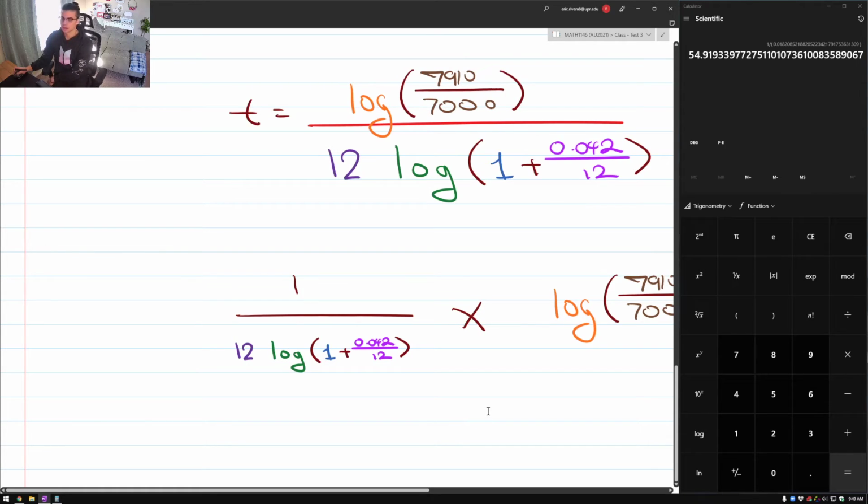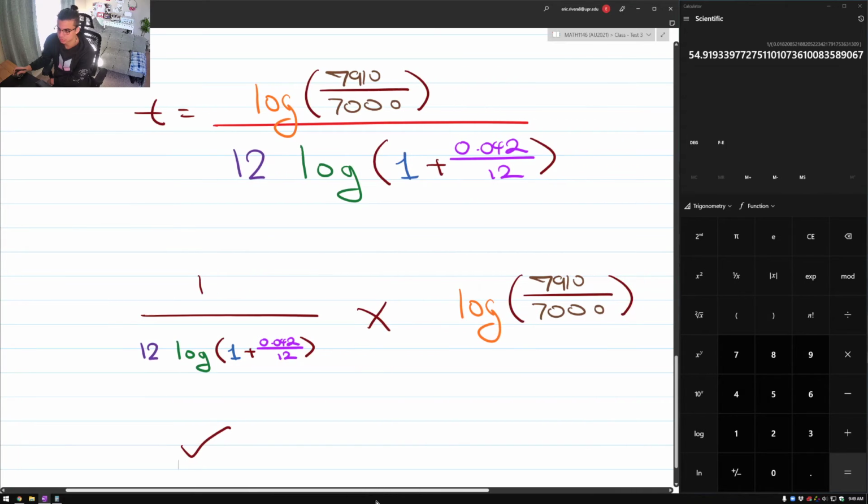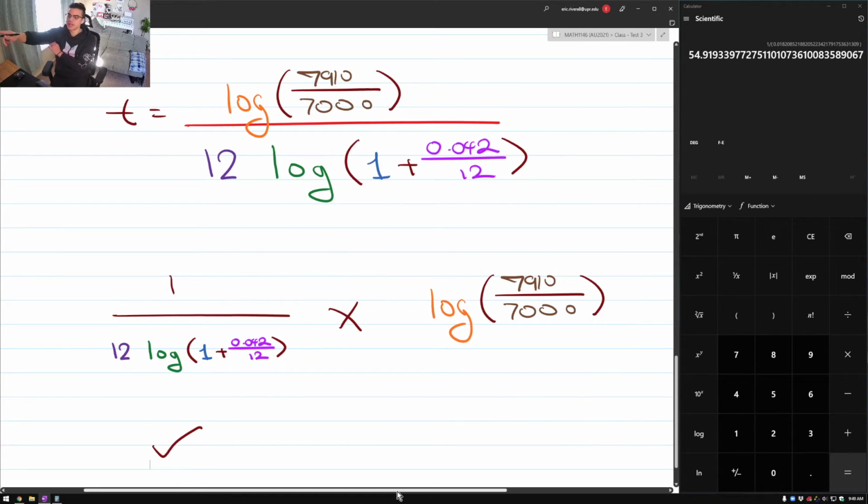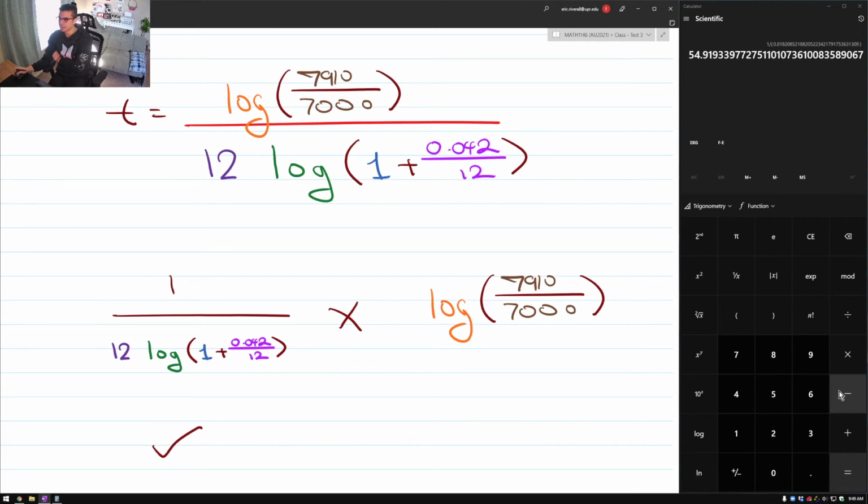So that's what I see here on my screen, the first part of that multiplication. Now I'm going to multiply by, so here I'm going to open two sets of parentheses.